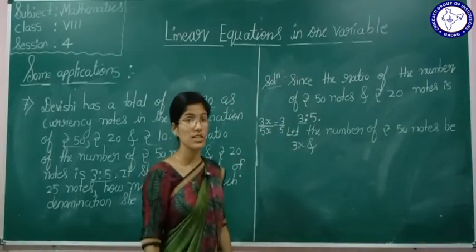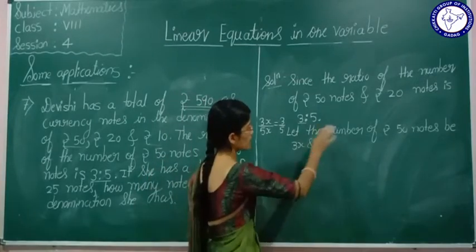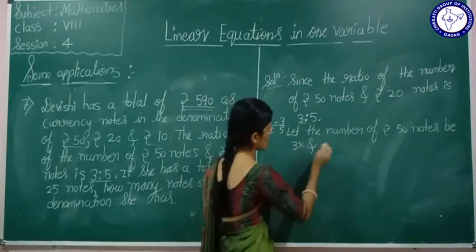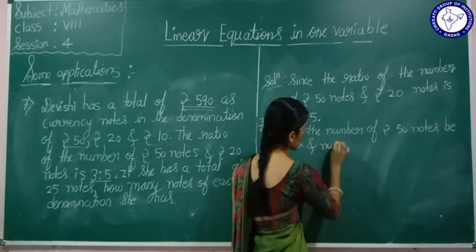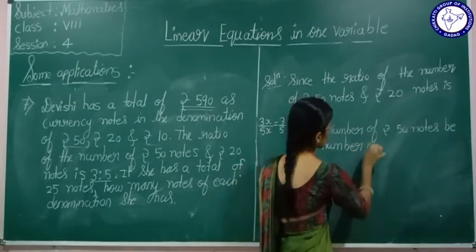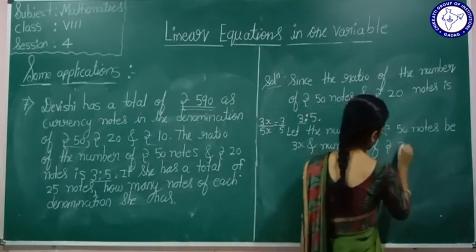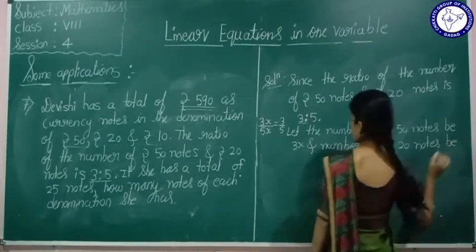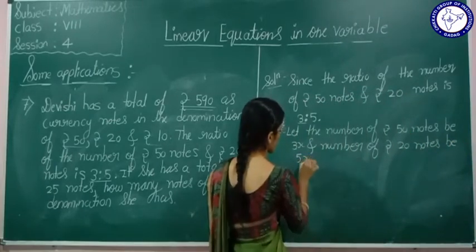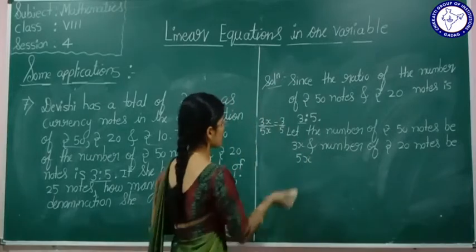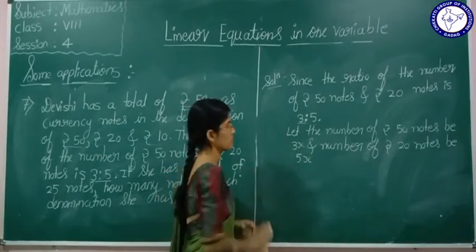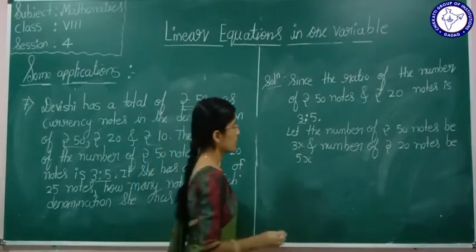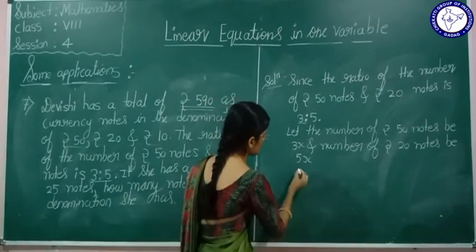You have learnt it in the ratio chapter. Let the number of rupees 50 notes be 3x and the number of rupees 20 notes be 5x. We will take this. Now see here.